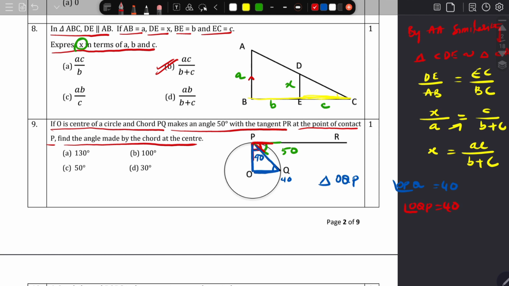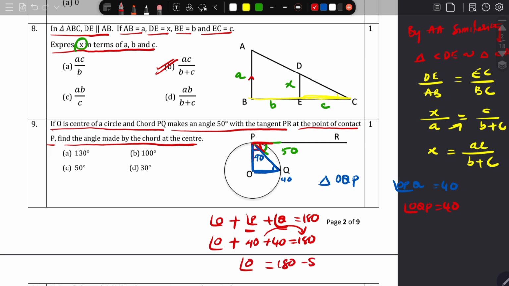By using the angle sum property, angle O plus angle P plus angle Q is equal to 180 degrees. So we can find angle O by replacing angle P and angle Q. Both are 40, so writing 40 plus 40, and sending that sum to the other side, angle O, the angle at the center, is equal to 180 minus 80.